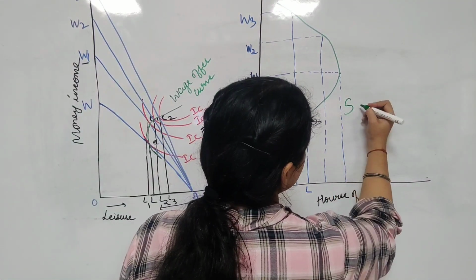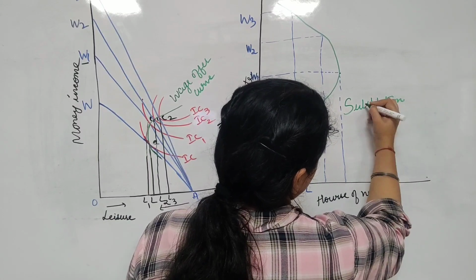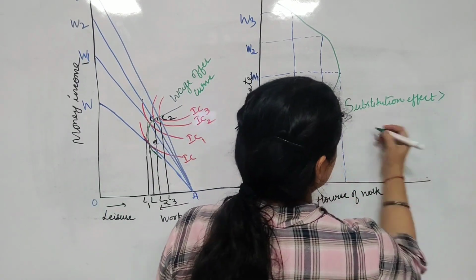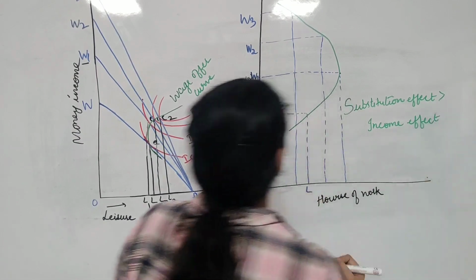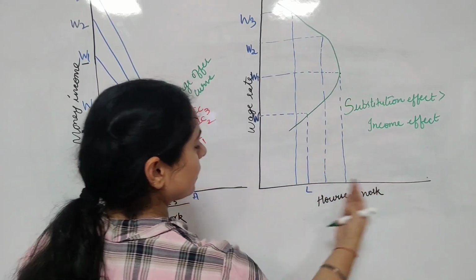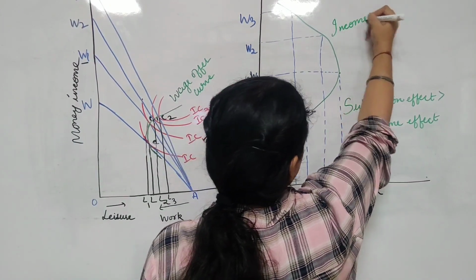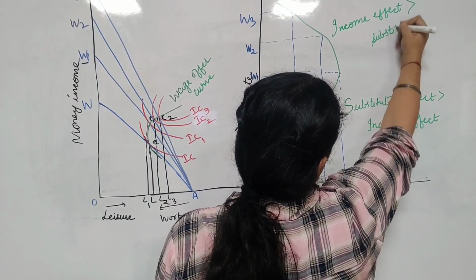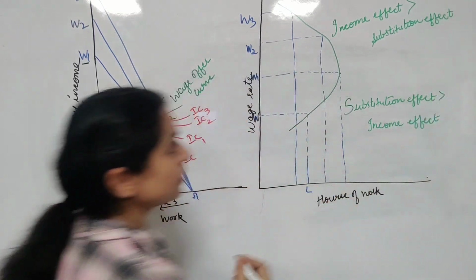So here we can say that the substitution effect is greater than the income effect. But with further increase in wage rate, the number of working hours decreases, so we can say that the income effect is greater than the substitution effect.